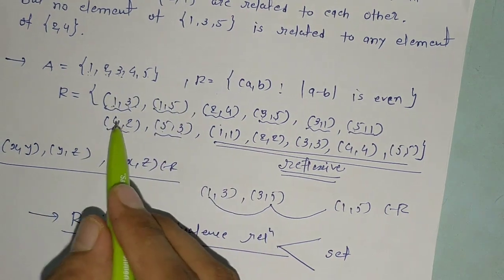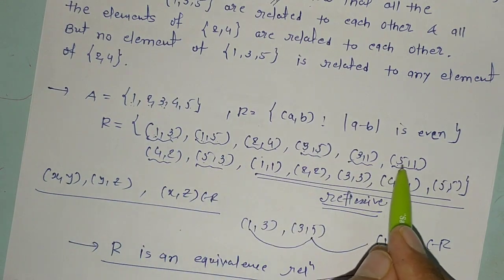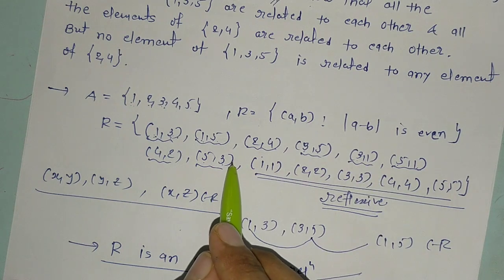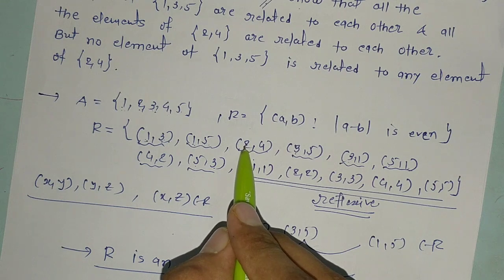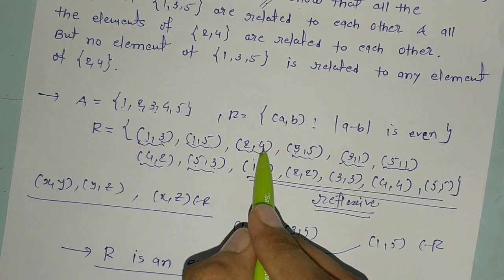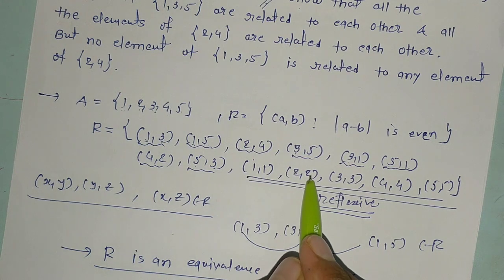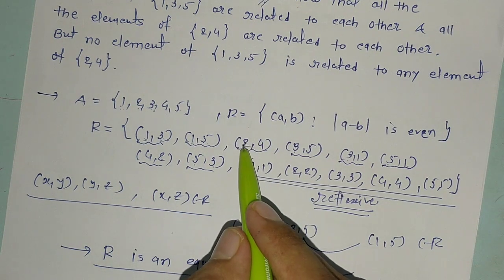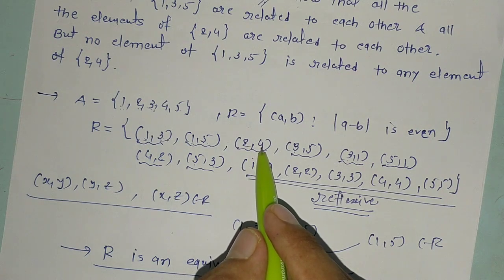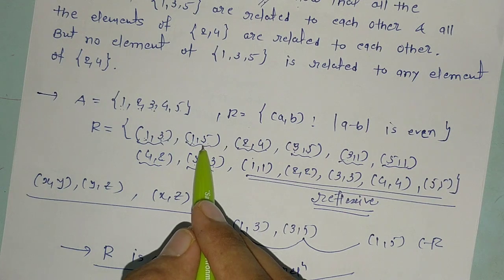If you observe, these pairs are odd number pairs, both are odd. Now if I take 2, this is 2 and 4, this is 4 and 2, 2 and 2. So if my first element is even, the second element is also even. If my first element is odd, the second element is also odd.